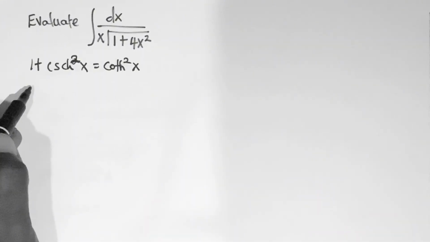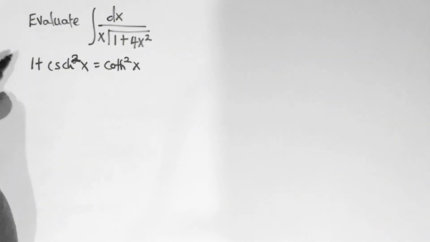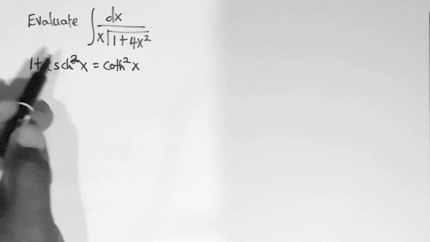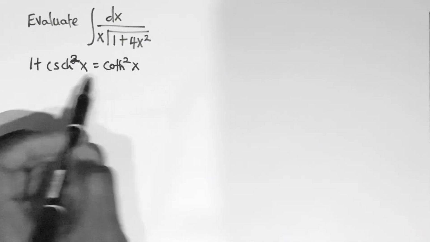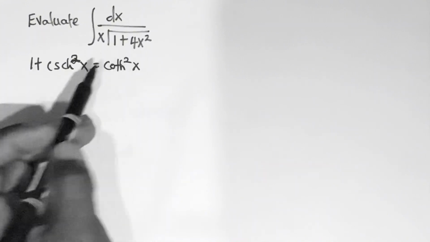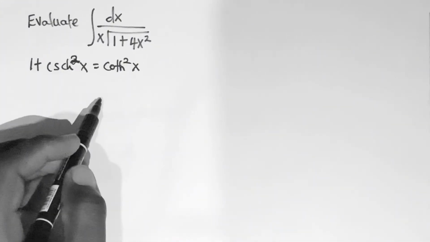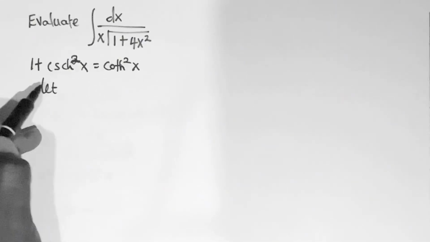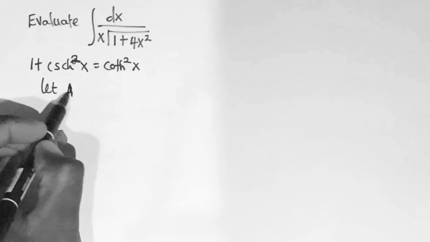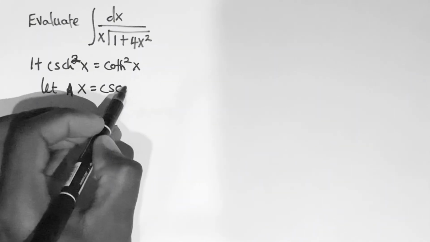So what we will do is make a substitution such that we put cosech squared x here, such that we can reduce all of the square root into coth squared x. So now we will say let x be equal to half cosech a.